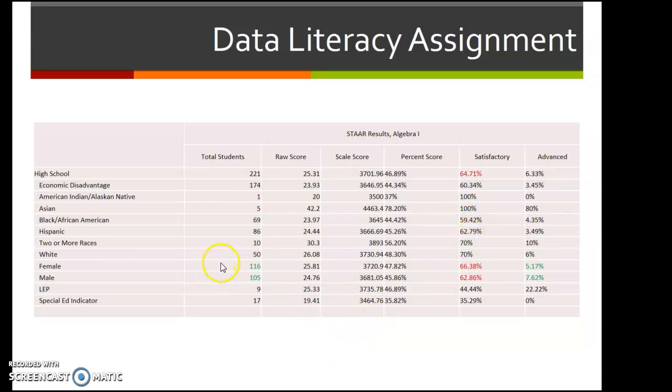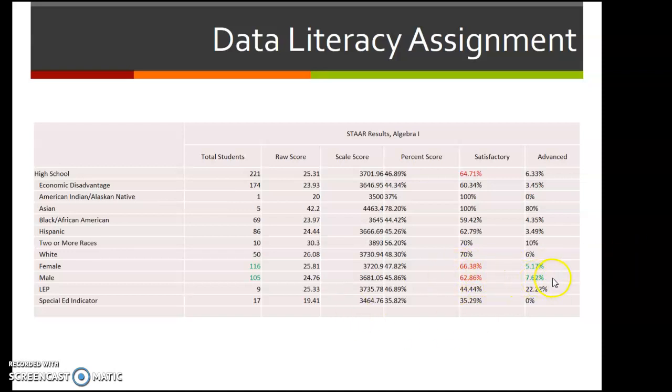And then comparing male to female, there's about an even number of males versus females. It seems that the females outperform the males. However, it seems that a larger number of the males than females actually did better, were in the top 5%. So maybe the male students, there's a group of male students who did really well and then a group of male students who did not do well.